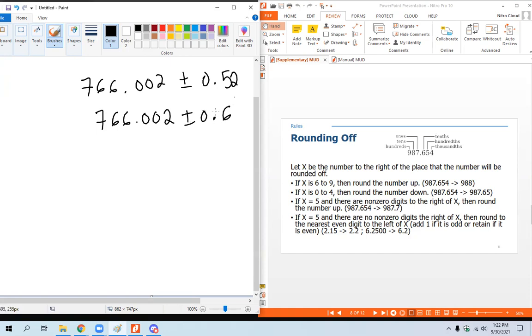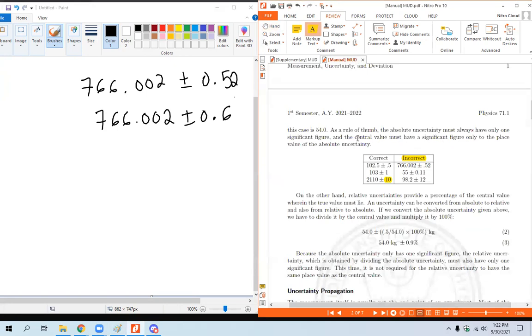Now, the second rule of uncertainties is the central value must have a significant figure only to the place value of the absolute uncertainty. So if you recall, the place value is just a limit or a label pala for each digit that's a part of your number.